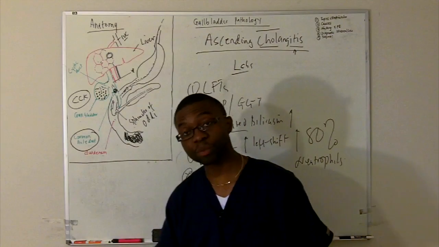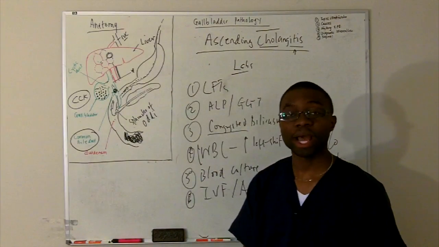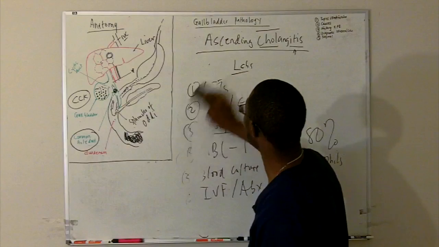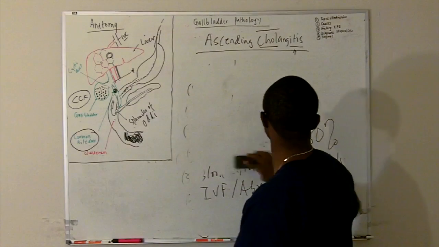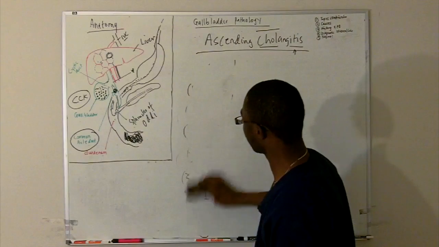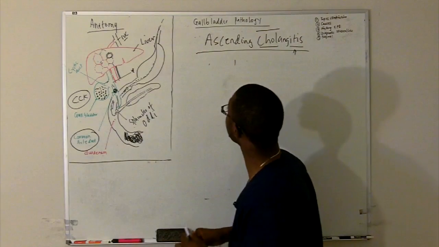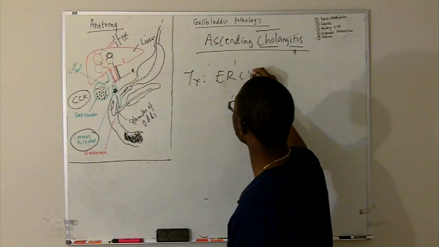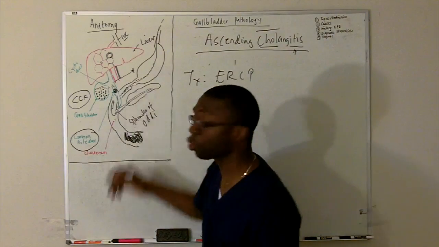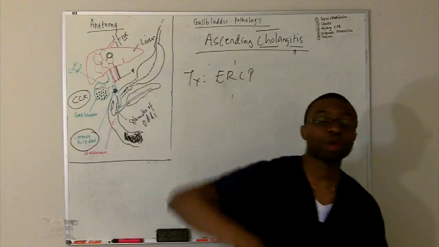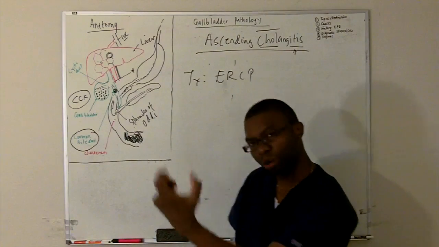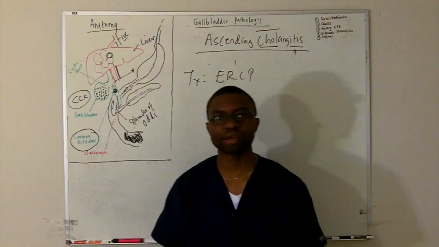Now, the most important thing is to do an endoscopic retrograde cholangiopancreatography, ERCP. What is the point of that? Because the ERCP, like I told you, we're going to put a scope down there, we go all the way into the sphincter of Oddi, and now we can suck out the stone and also suck out all that dirty stuff.